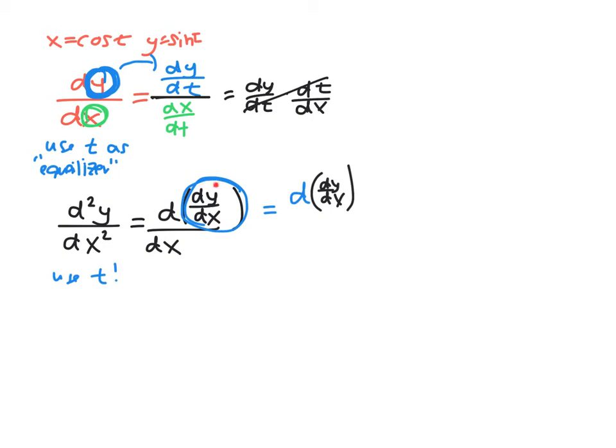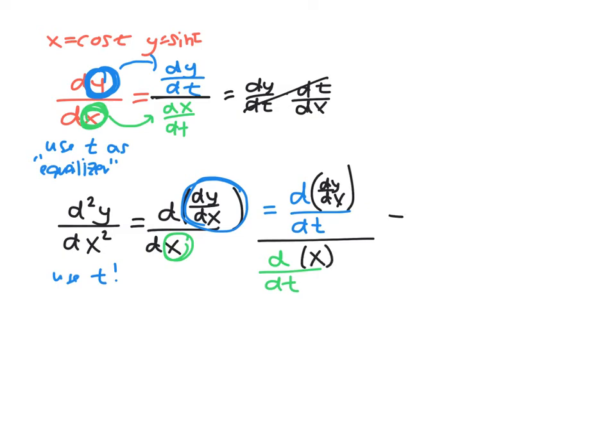So whatever this is on top, I'm going to find that derivative with respect to t. Now on the bottom, whatever was on the bottom, we found that derivative with respect to t as well. So down here on the bottom is just an x again. So I'm going to do that same method. I'm going to find the derivative with respect to t of that thing on the bottom, which is just x.